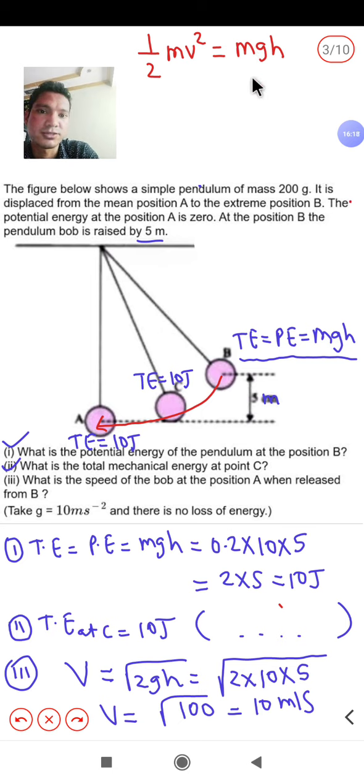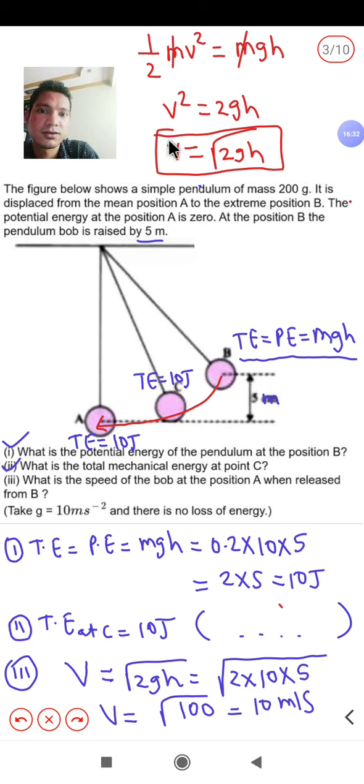So potential energy is getting converted into kinetic energy at the bottom. So m will get cancelled. Take the 2 to this side, take the square root and you will get the expression for speed of the bob at the bottom position.